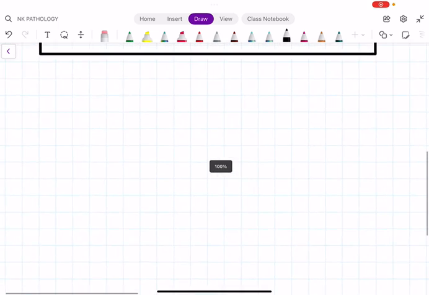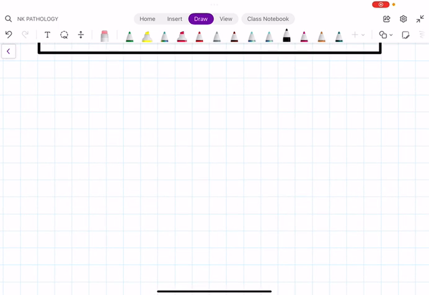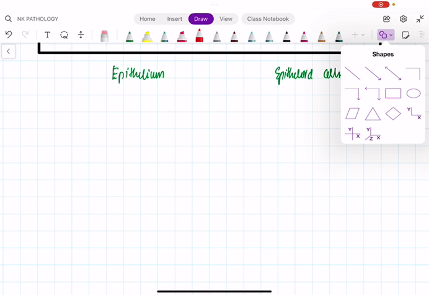Once that is done, let us now discuss what epithelium is and what epithelioid cells are. Let us discuss the difference between a normal epithelium and epithelioid cells.